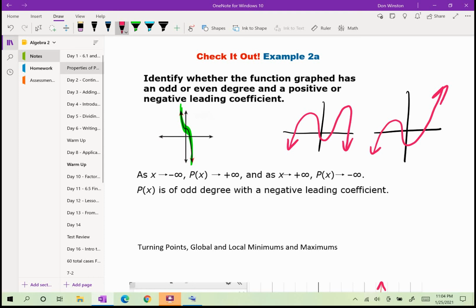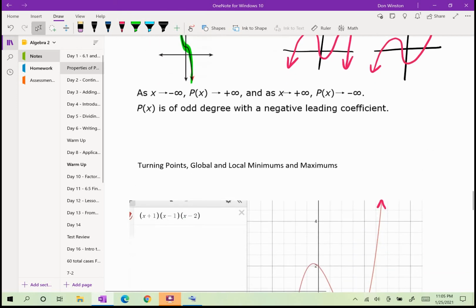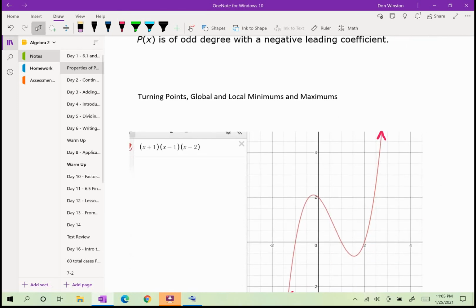Falls on the left and rises on the right. It's a positive leading coefficient. Odd degree polynomials, end behavior, they go in opposite directions. And then the last thing we'll look at is global and local minimums and maximums. And then we'll also take a look at domain and range.